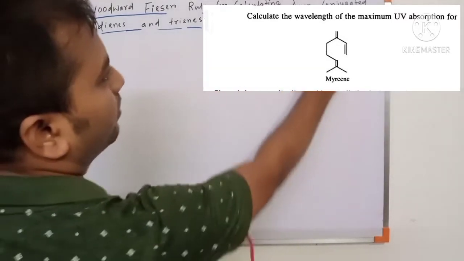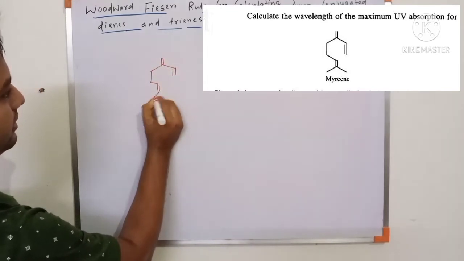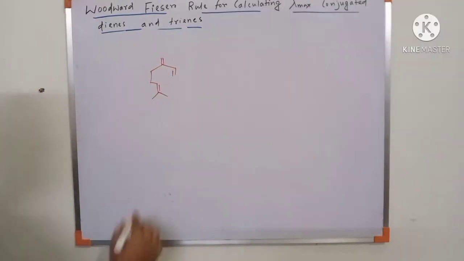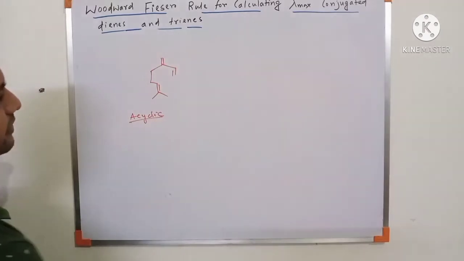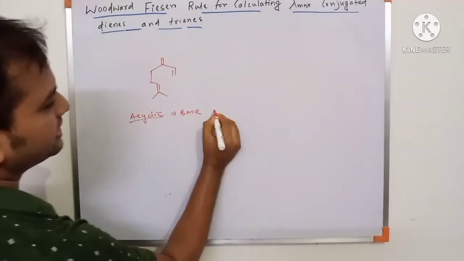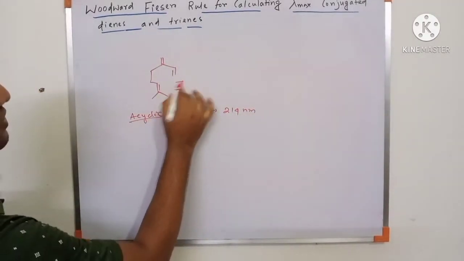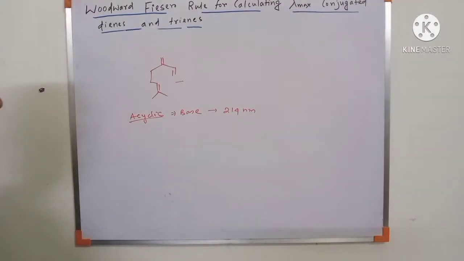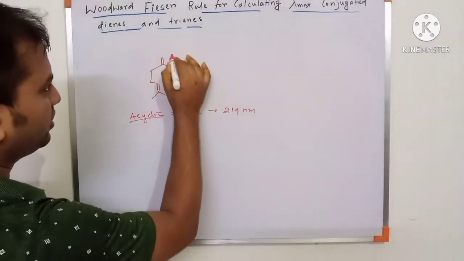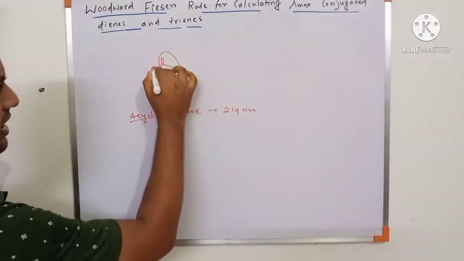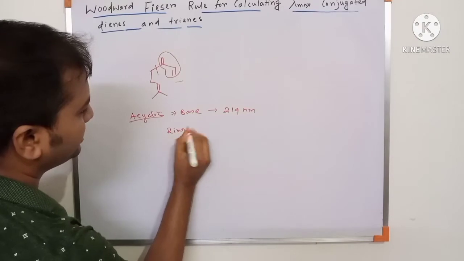First example you are watching on the screen. Example 1, calculate lambda max. First, this is an acyclic system. So the base value in acyclic system is 214 nanometer, and there is no exocyclic bond, since it is not a cyclic system. There is no double bond extending conjugation. So one ring residue, because there is only the conjugation and another part is the residue part.